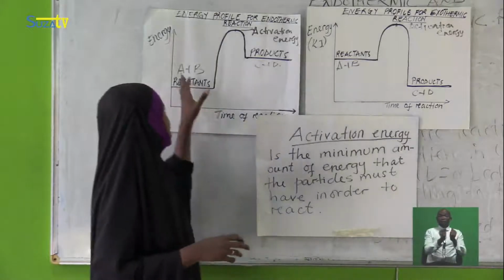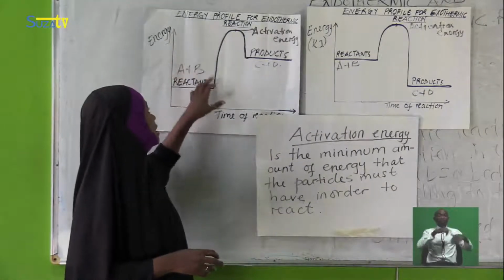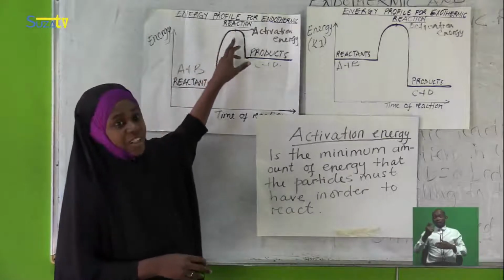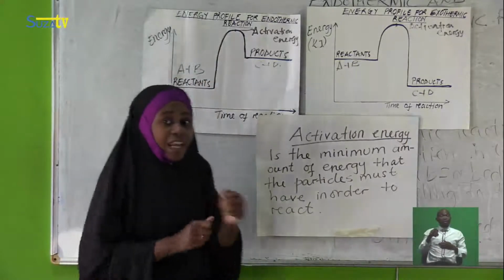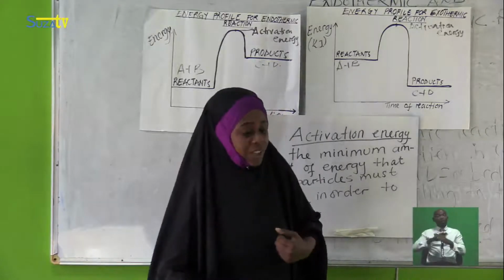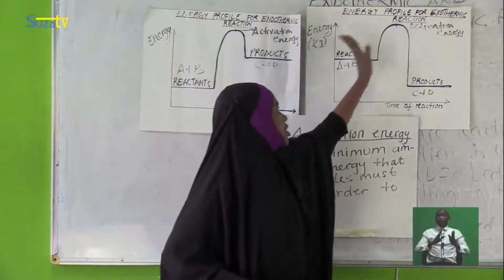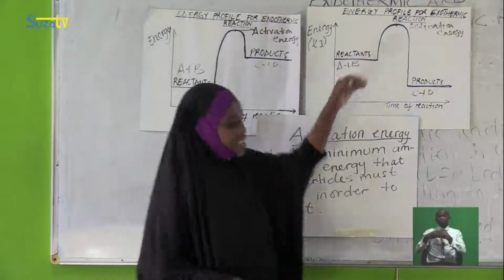Therefore, all of these you see here, I have A and B. They must reach the activation energy. Those particles collide with each other after attaining activation energy. That's why we have the product. So we have another feature in our profile, activation energy.